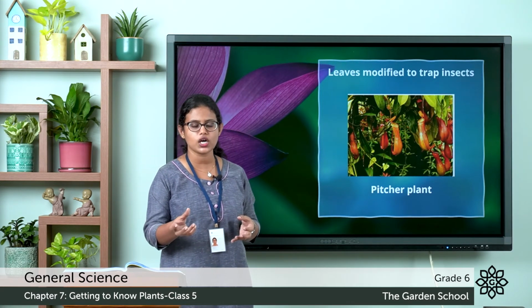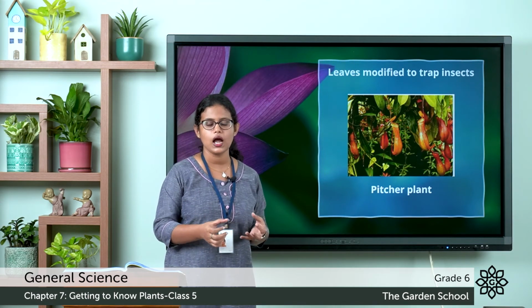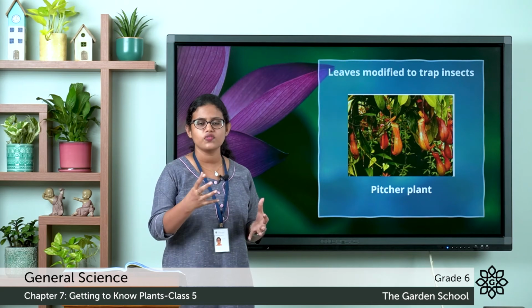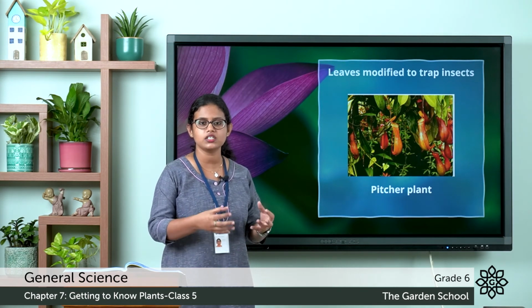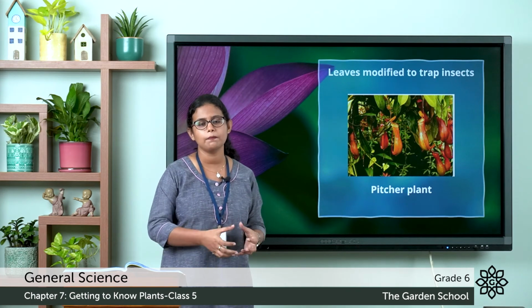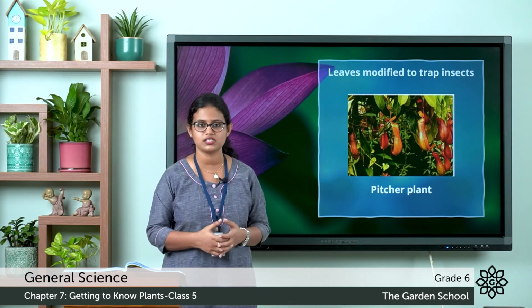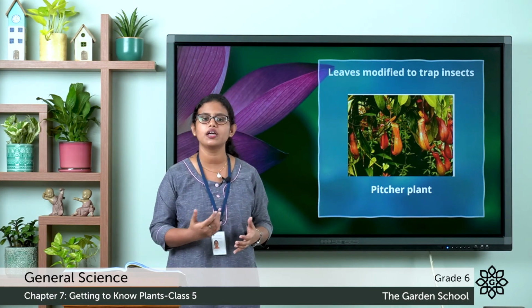So what happens when the flap gets closed? What happens to the insect? The insect gets trapped inside the pitcher and the plant digests the trapped insect. So here the leaves are modified to trap insects.